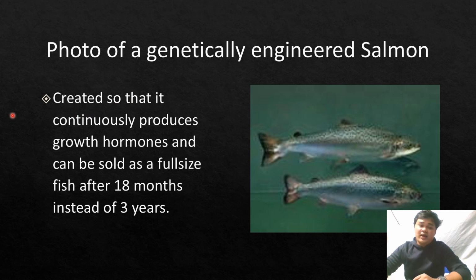It is created so that it continuously produces growth hormones and can be sold as a full-size fish after only 18 months instead of 3 years. See that? Through genetic engineering, you can reduce the years needed for it to be available for use.